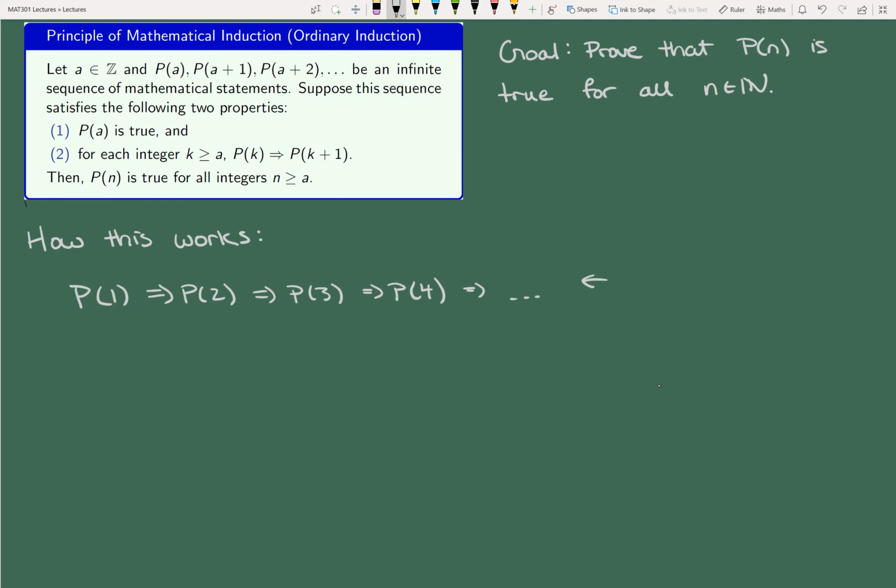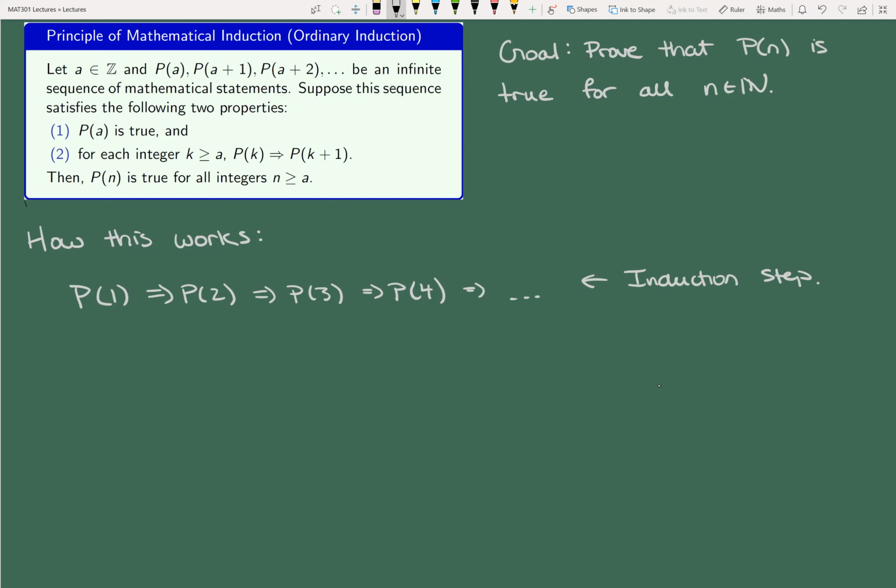Right? This is what the induction hypothesis gives us. Or rather, the induction step. That's step 2 here. So we've proven that P(k) implies P(k+1) for all k. And so we can chain those together. So P(1) implies P(2), right? That's when k is equal to 1. P(2) then implies P(3). That's when k is equal to 2. P(3) implies P(4), and so on and so forth down the line.